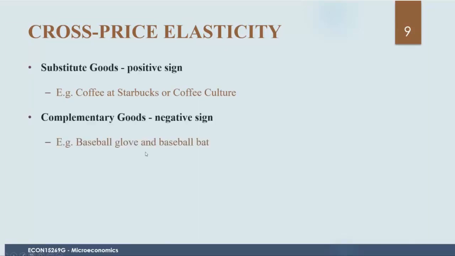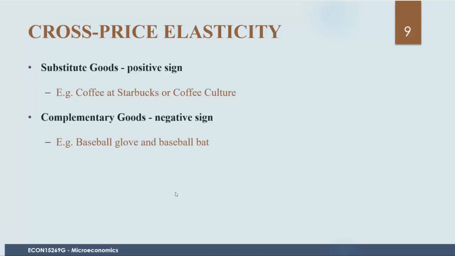If we had a complement good, the coefficient we would calculate would be negative. Think of hot dogs and hot dog buns. If there's an increase in the price of hot dogs, the percentage change in the price is positive, and that would likely result in people buying fewer hot dog buns.